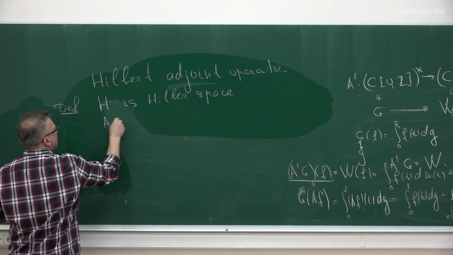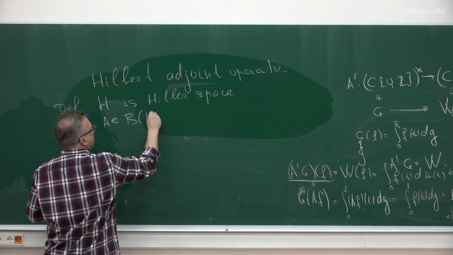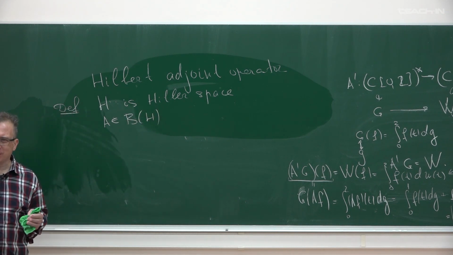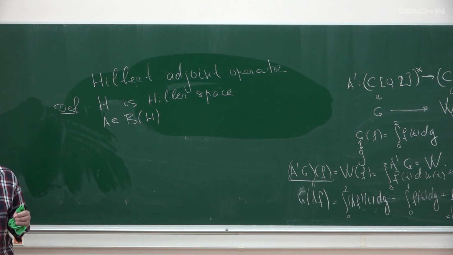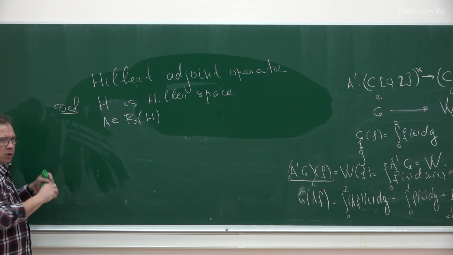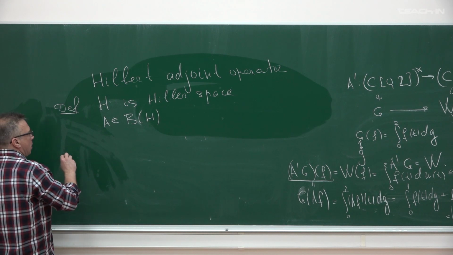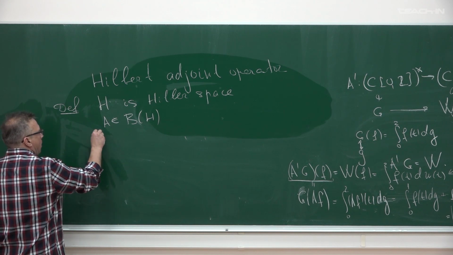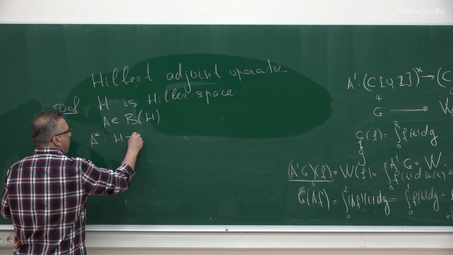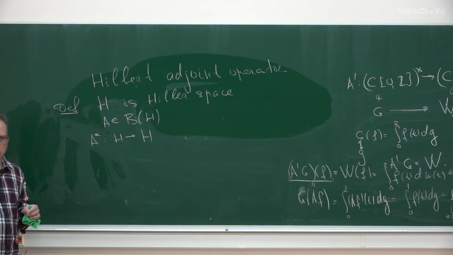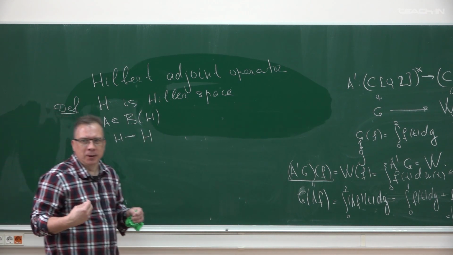A is a bounded operator in H. Later we will consider unbounded operators and try to construct the theory of adjoint operators for them, but just now it is a bounded operator. A star acts from H to H. It is more convenient. Why can we do it?